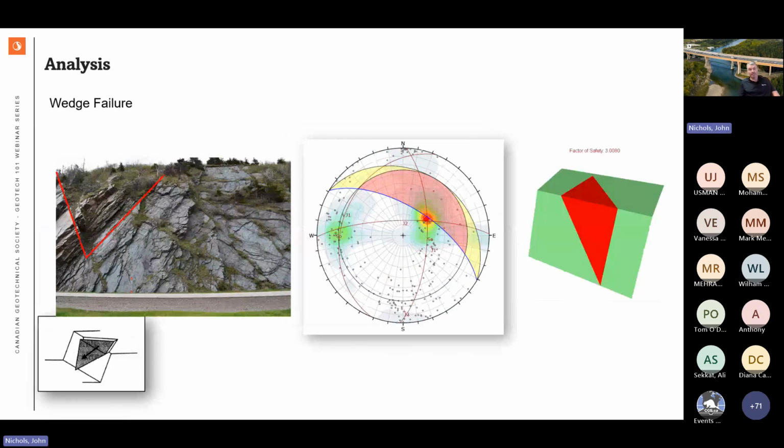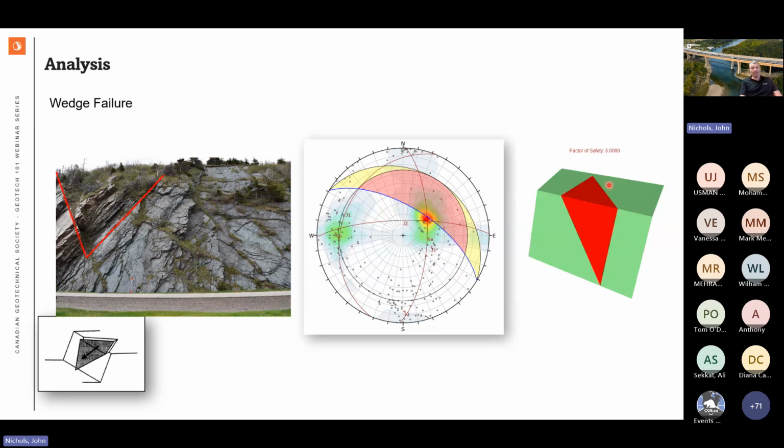If we look at a wedge, it's very similar. In this red here, you can see a potential wedge. We can see that this combination works out to be just on the edge of this red area, which is a potential failure area, or the geometry is such that this will slide.